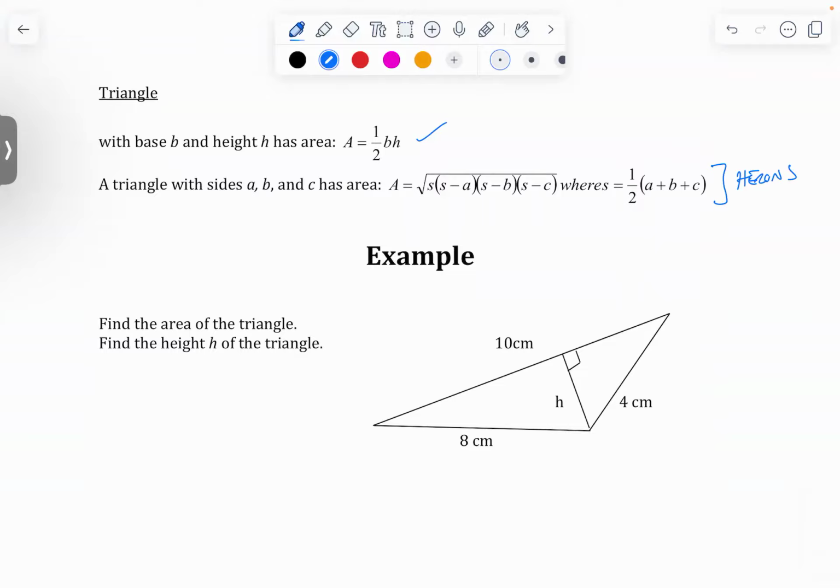Calculate S. S is purely just a means to an end. I use S to calculate A. It is S minus each side multiplied by itself and them all together, then square root the whole thing.